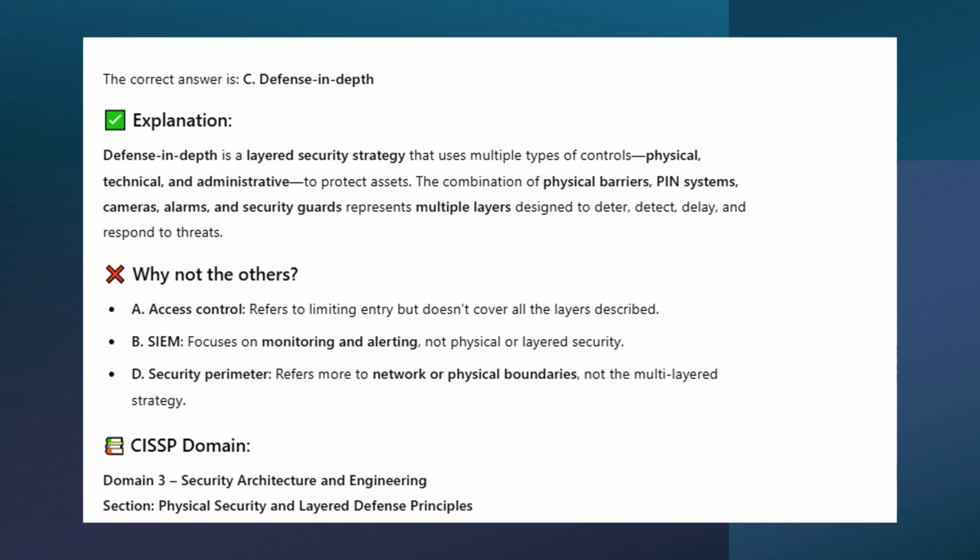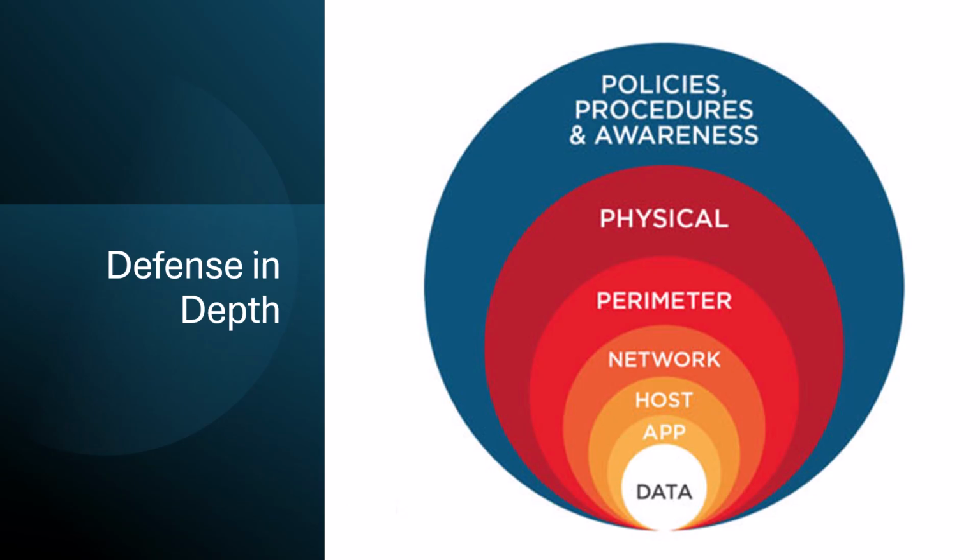The combination of physical barriers, PIN systems, cameras, alarms, and security guards represents multiple layers designed to deter, detect, delay, and respond to threats. So again, this is a representation of the defense in depth that we just talked about.